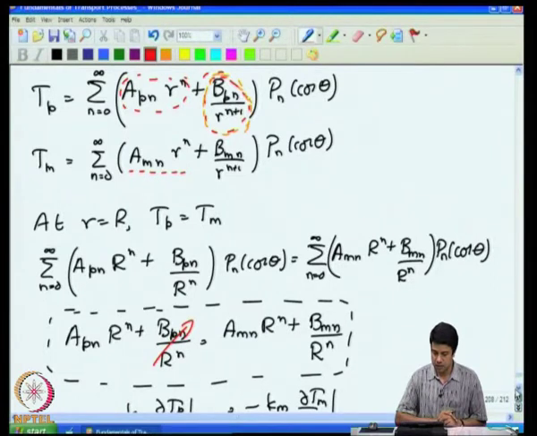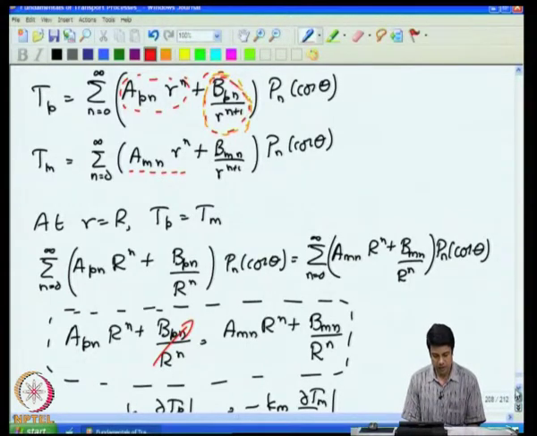There is another part that goes as 1 over r to the power n plus 1. The latter goes to infinity at the center of the particle, at r equal to 0. Therefore, if the temperature at the center of the particle is to be finite, all coefficients B p n have to be identically equal to 0.